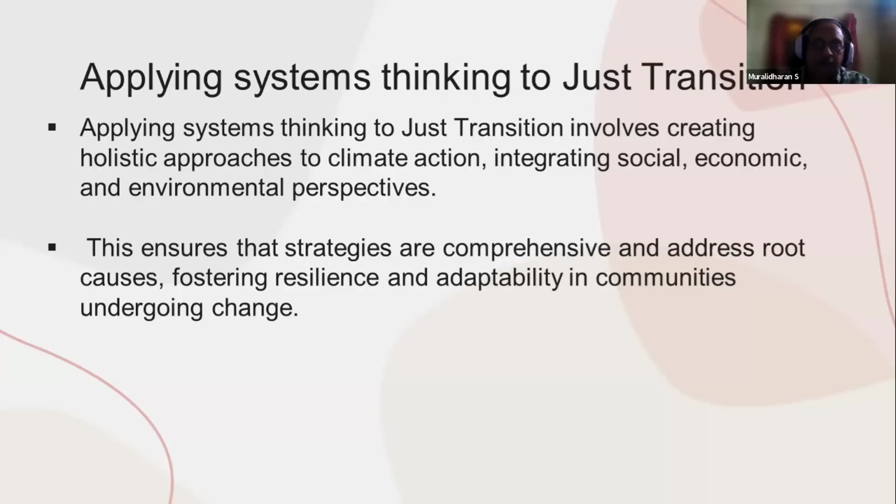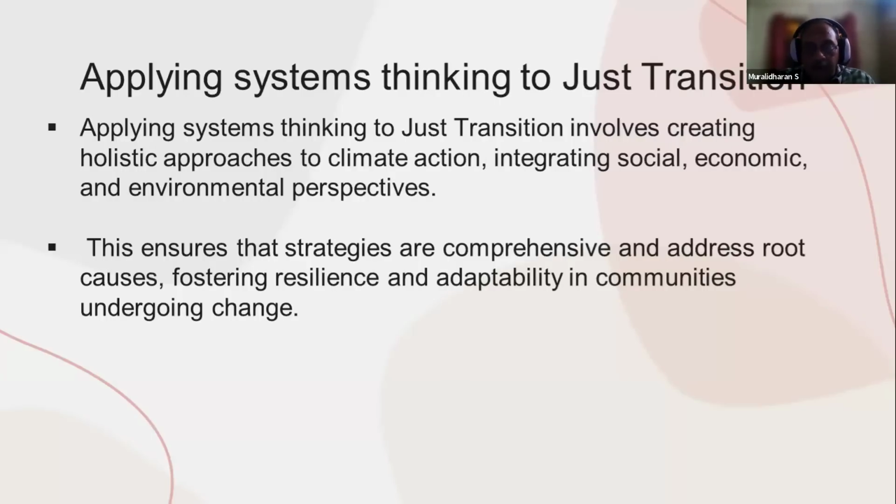So two aspects become important. One is fostering resilience: even though a policy is made for just transition, if it fails, it must be possible for the country, the company or the organization to rise back, take corrective measures and manage themselves.